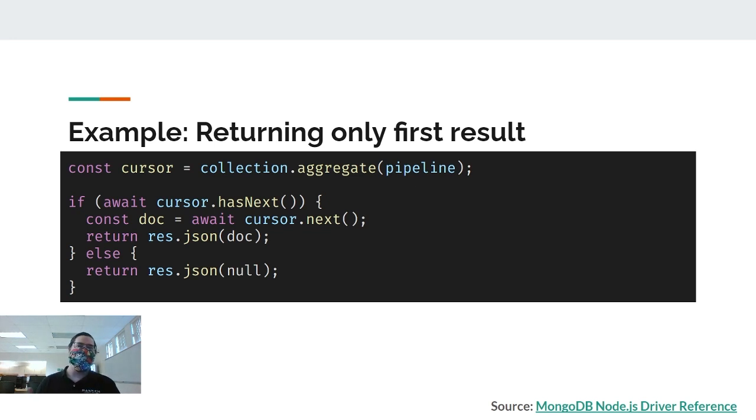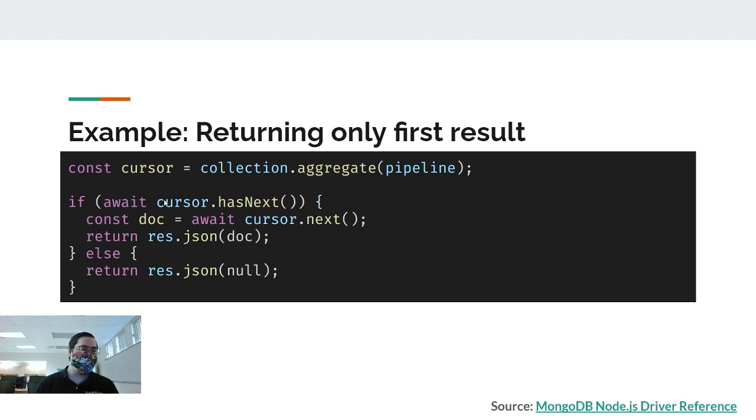As it works out, that doesn't actually pan out because of how Mongo's implemented things. If you call next directly, it will actually abort before the record comes in. So you actually have to call hasNext and wait for a record to potentially come in or to determine that there is no record. So you wait for that first.